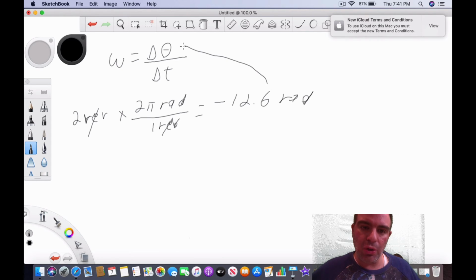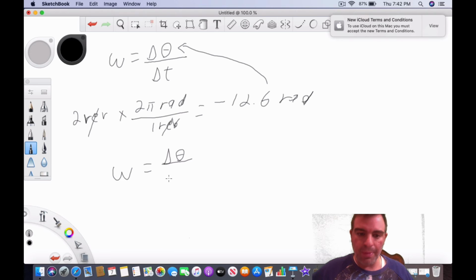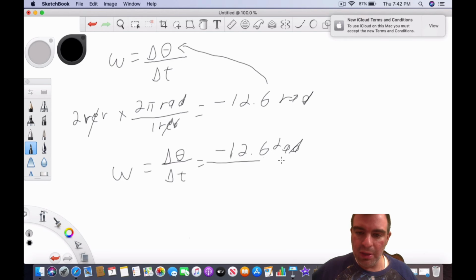So we just figured out the change in angular displacement, and the change of time, of course, they gave to us. So it's delta theta divided by delta t: negative 12.6 rad, which we just calculated, divided by 1.9 seconds.